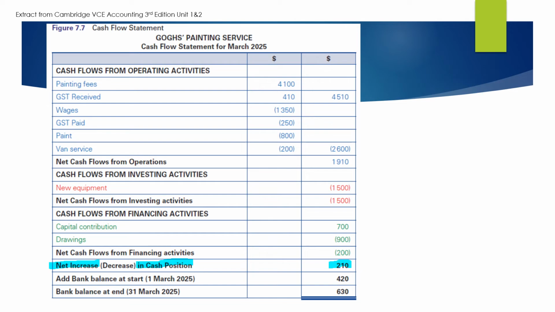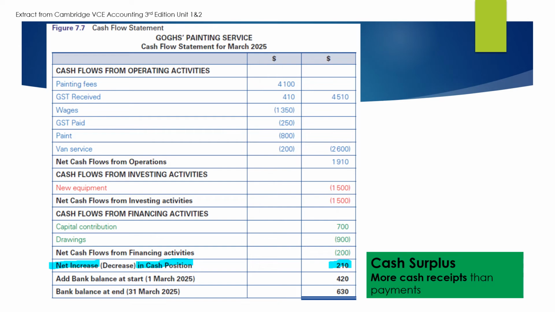So here we have a net increase in cash position by $210, which is a cash surplus. This means that overall we had more cash receipts than cash payments in this period. We then add this amount to the bank balance at the start, which we are told is $420. Now the opening balances will be provided to you in the question.